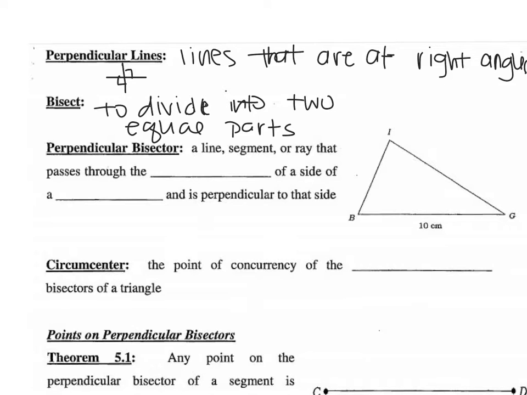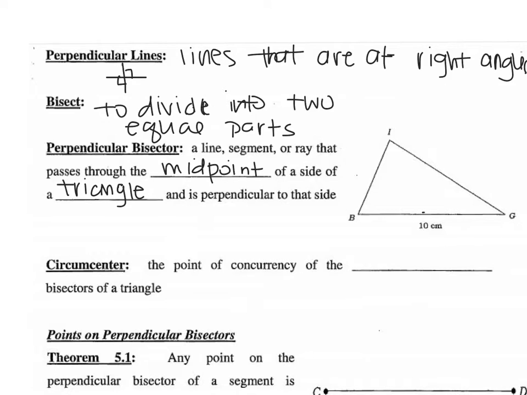So a line, segment, or ray that passes through the midpoint of a side of a triangle and is perpendicular to that side. So notice how the definition of this does not include going through a vertex. So perpendicular bisectors do not have to pass through the vertex of a triangle. Since it has to be at the midpoint at a 90-degree angle, that doesn't always happen as it passes through a vertex.